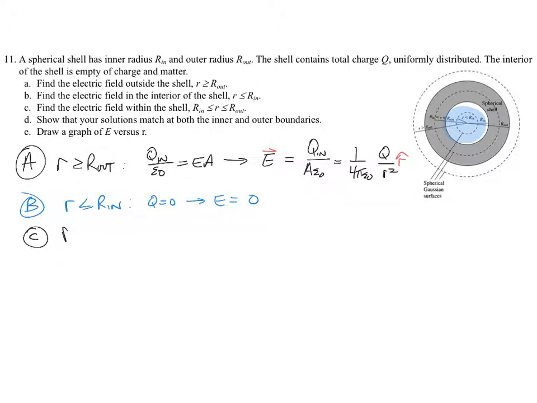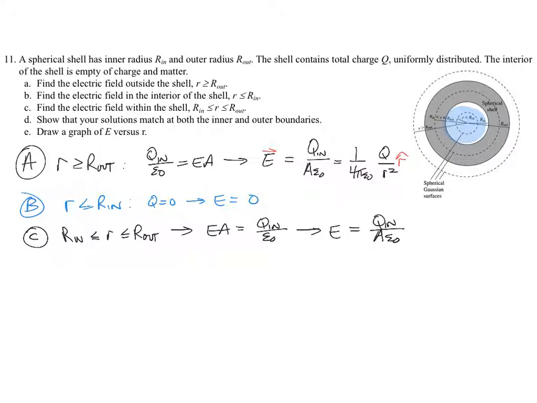What about when little r is sandwiched in between the R in and R out? So once again, EA equals Q enclosed per epsilon naught. They just state in Gauss's law, which of course is the same thing we keep seeing.